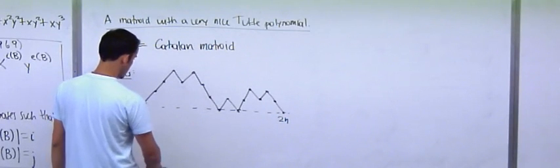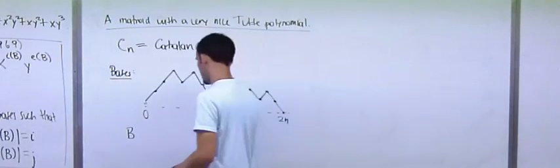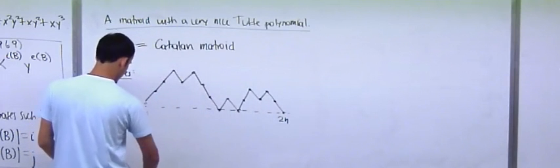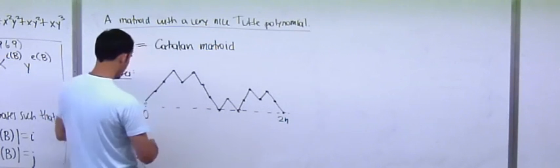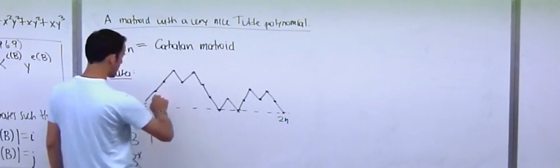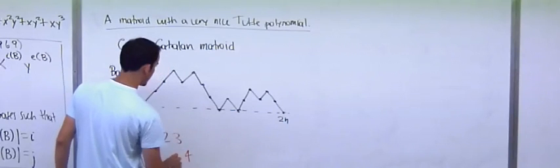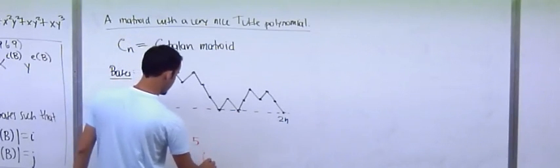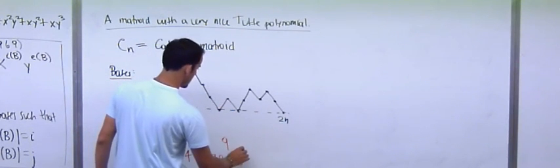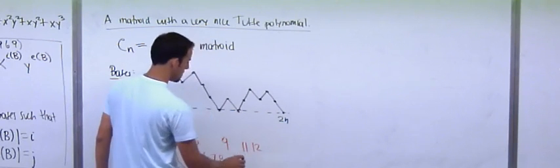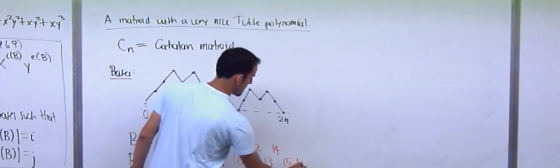What is the basis here? Well, let me write both the basis and the complement of the basis. So the basis is the up steps, right? 1, 2, 3, then you go down, so 4, then you go up 5, then you go down at 6, 7, and 8, then you go up 9, then down 10, then up 11, 12, down 13, up 14, and down 15, and 16.